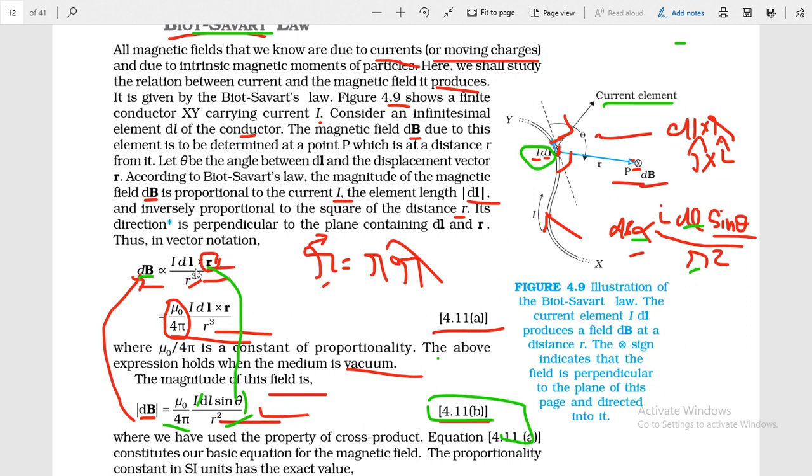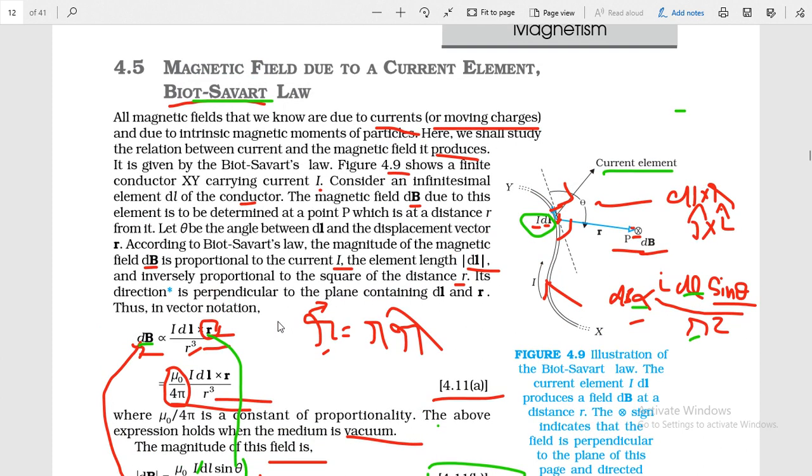If you break this part by the definition of cross product, you will get dl, then r and sine theta, then the 1 r from this is cancelled by this r, and you will get the same result as given in equation number 4.11. I hope you understand.